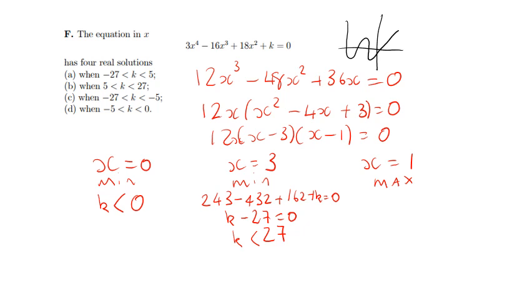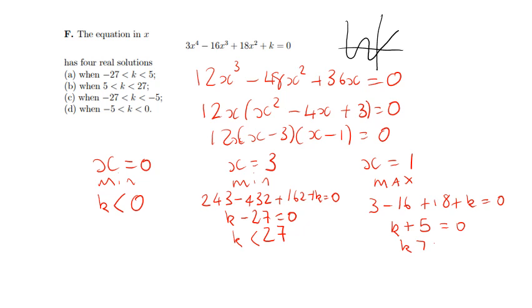Okay, so now if we look at our maximum, if we substitute in 1, we get 3 minus 16 plus 18 plus k equals 0, which gives me k plus 5 equals 0. We want this to be the maximum, so it needs to be greater than 0.